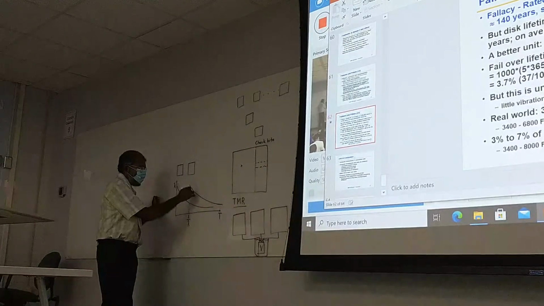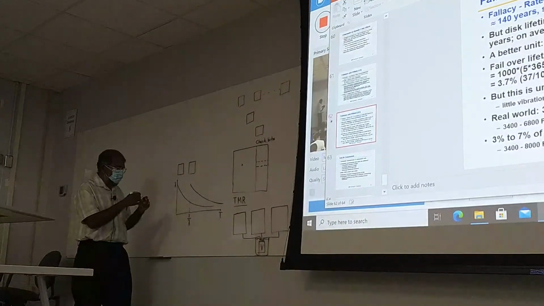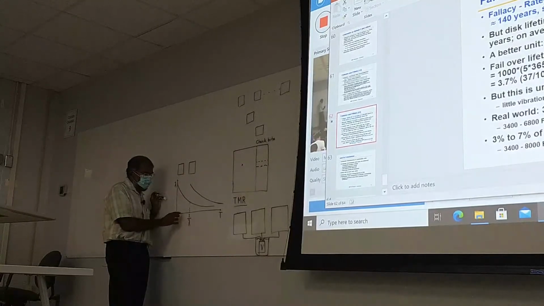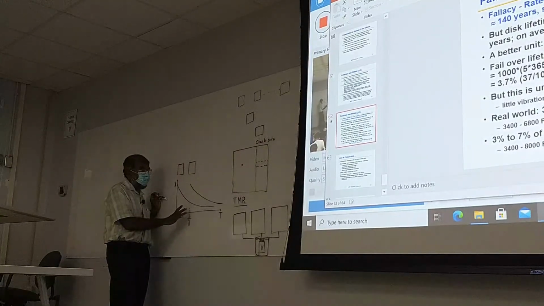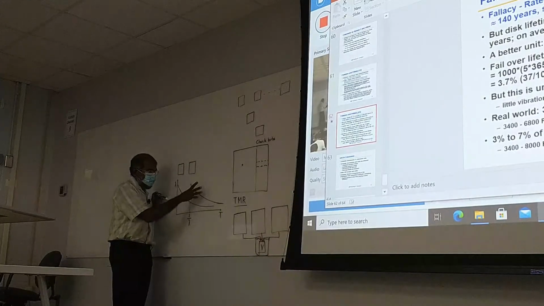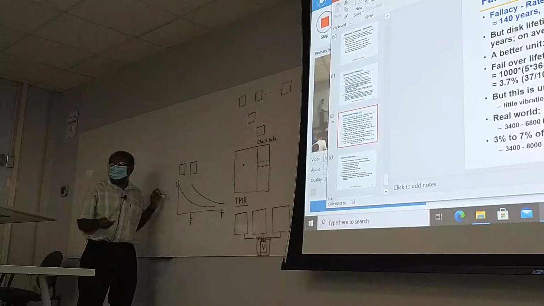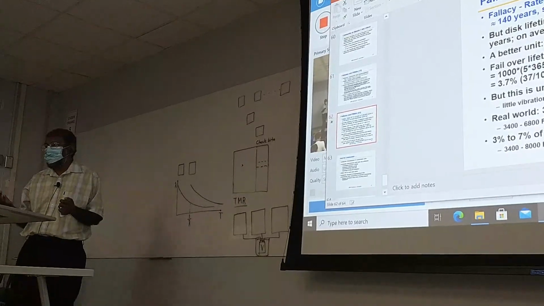That's how the calculations are based. This is called the memoryless property. The fact that it already survived for this long has no bearing on its likelihood. It's as if it's starting afresh. But again, we know that that's not true.